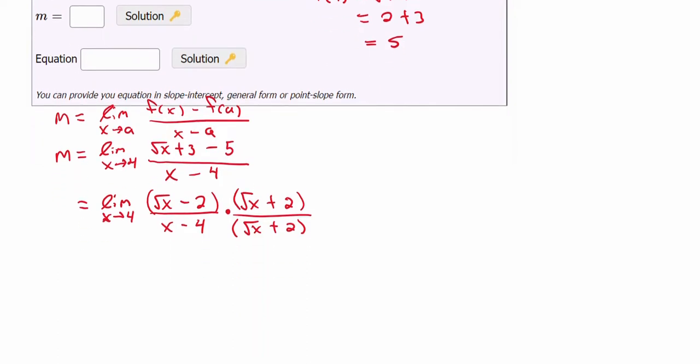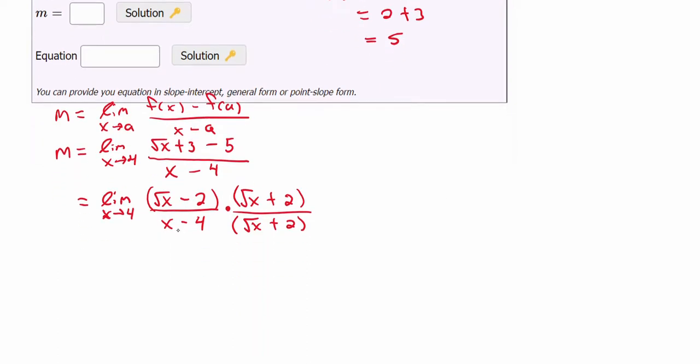And now I'm really hoping I can cancel this x minus 4 in the bottom. So I'm going to leave the bottom factored, and I'm just going to expand the top. So again, we have the limit as x approaches 4.